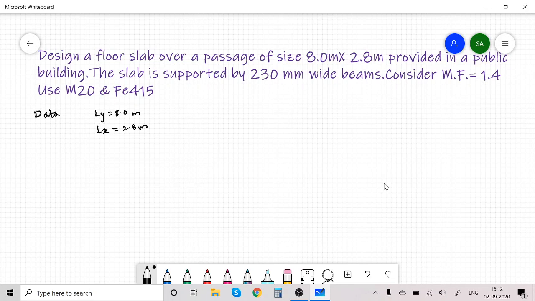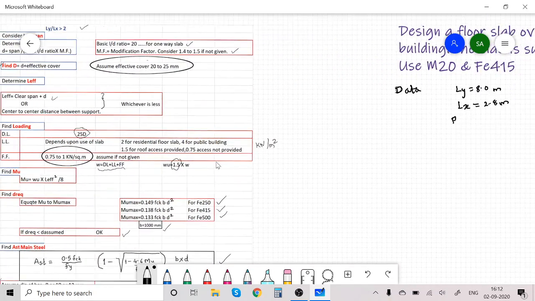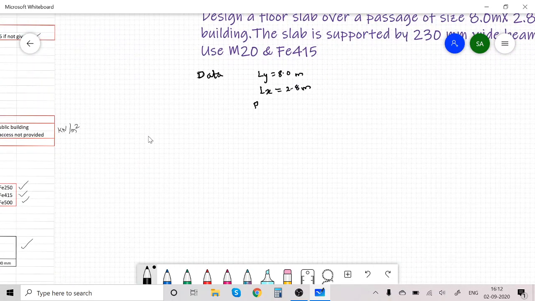So it is given as it is a public building. This data is useful for us while deciding the live load. So public building floor slab, we consider live load as 4 kilonewton per meter square.